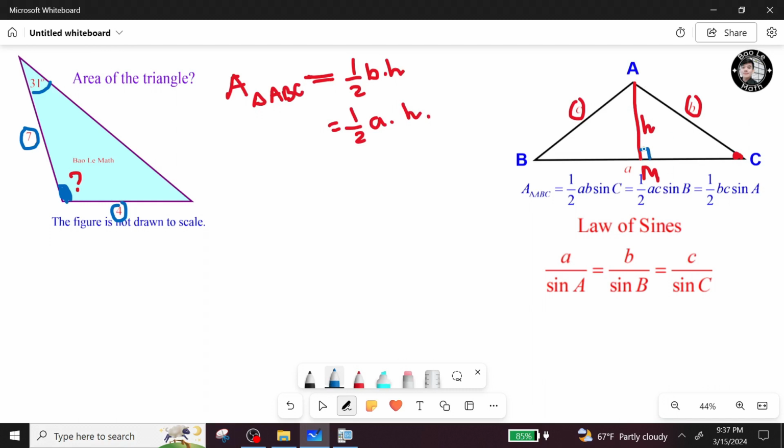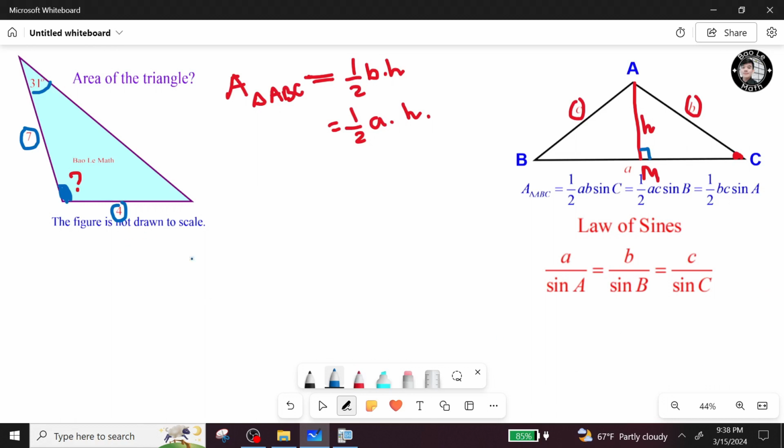I use the trigonometry ratio in the right triangle AMC. If you don't know how to use this trig ratio, please check out the previous video. I will leave a link in the description.